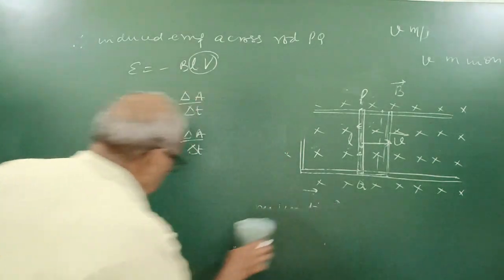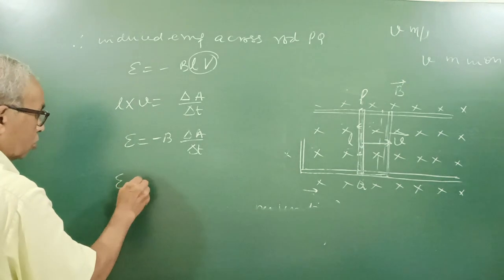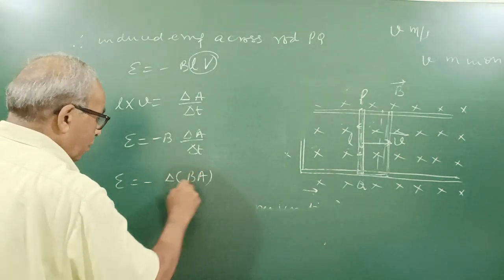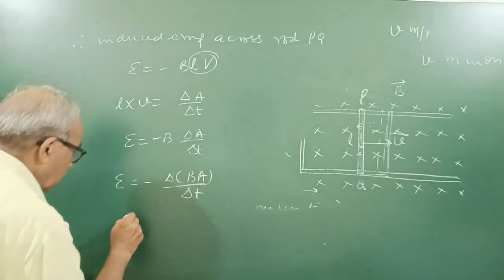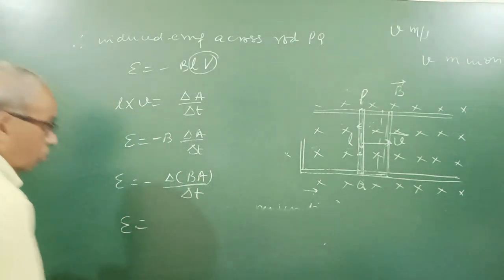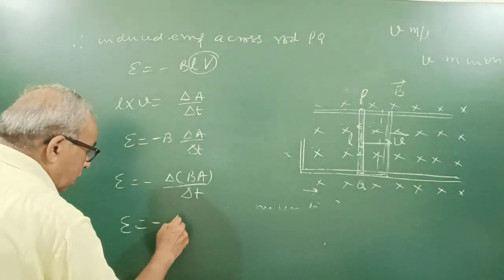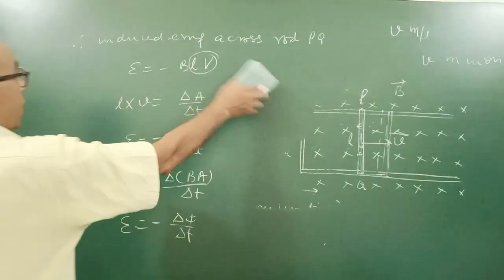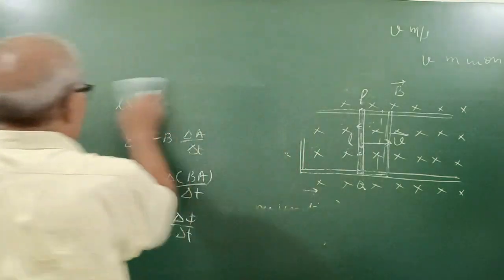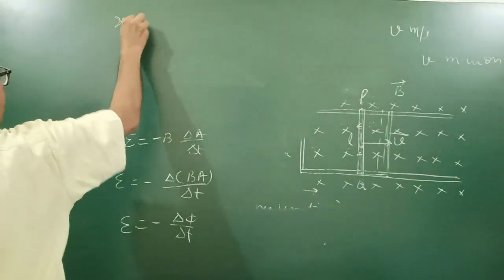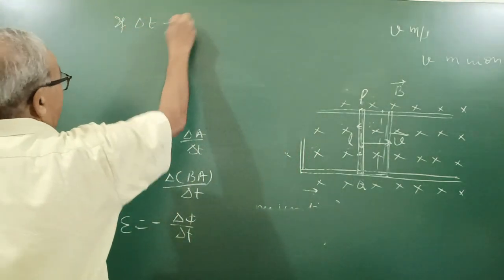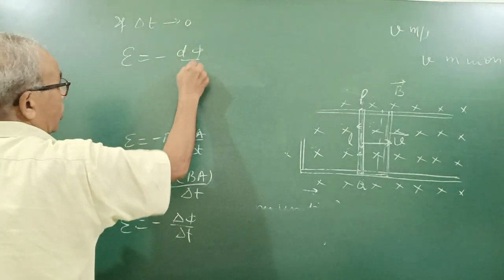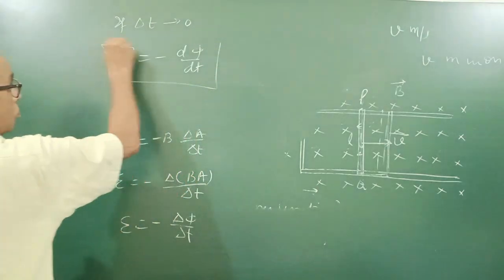Or you can write it as E equal to minus delta BA upon delta T, or E equal to plus or minus delta phi upon delta T. And if delta T tends to 0, then the instantaneous value is minus d phi over dt.